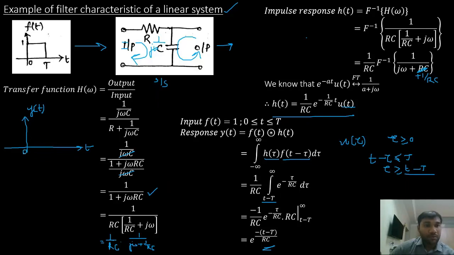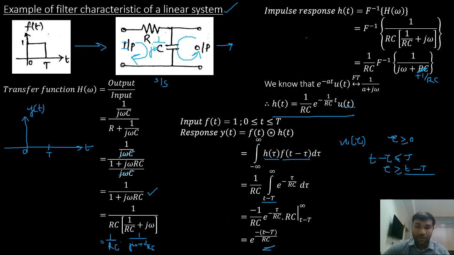This is 0, right? Now this is my t. When small t is between 0 and capital T, right? Small t is between 0 and capital T.